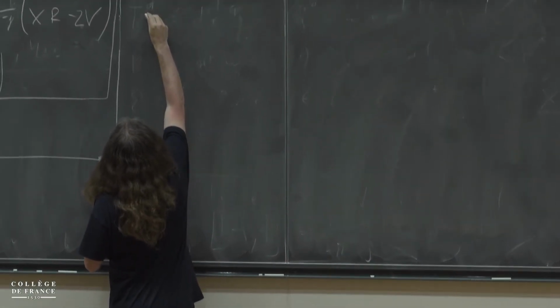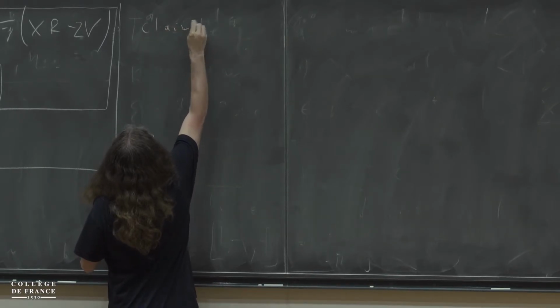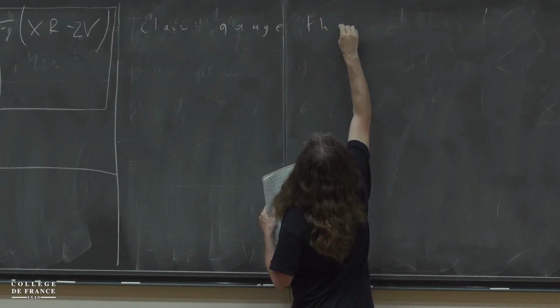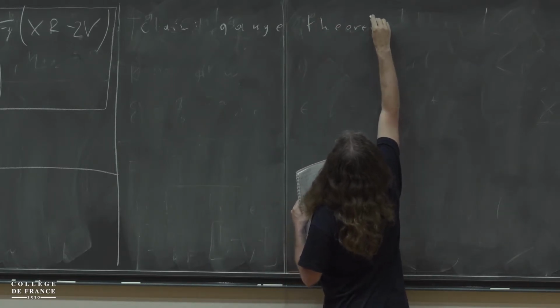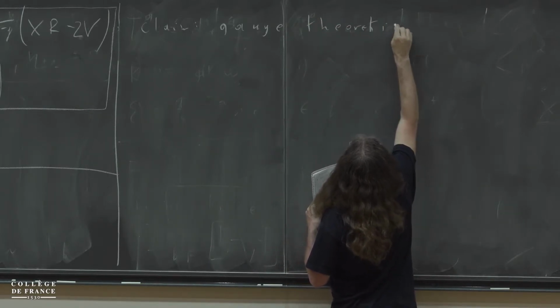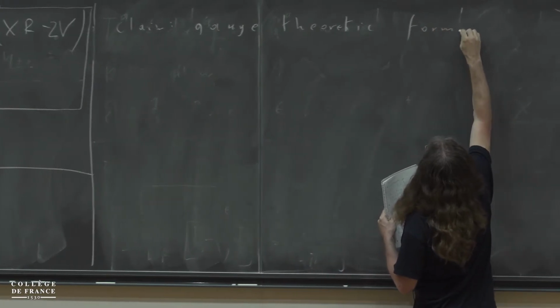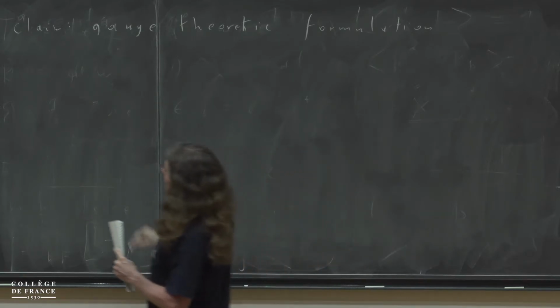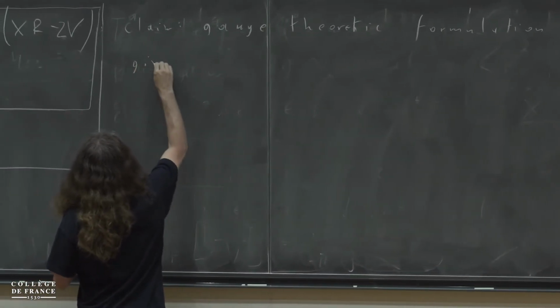So the claim is that the gauge theoretic formulation of generic two-dimensional dilaton gravity is given by a so-called Poisson-Sigma model.